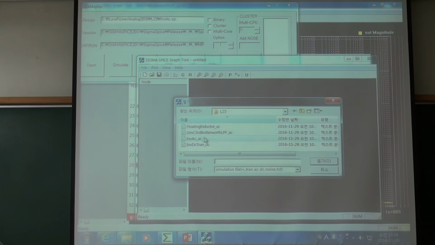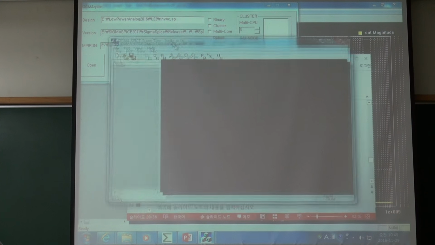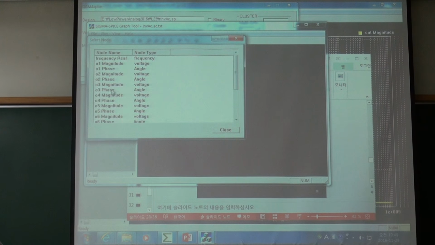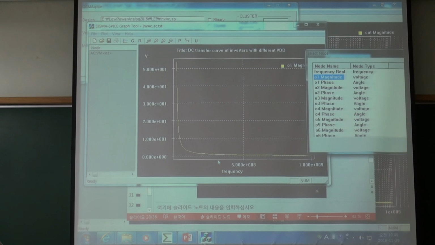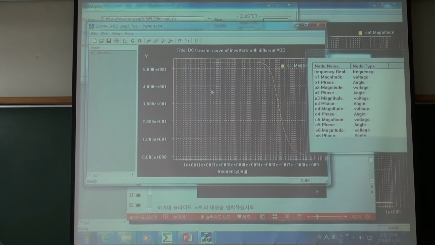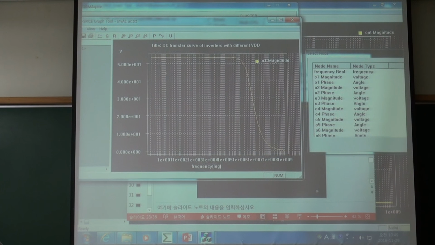Then let's see, where is AC? Oh yeah, this is my AC. Then plot. This is my magnitude, let's put log here. My DC gain is around 60 at 3 volt, right? Is this 60 or 54? 54. Okay, how about 2.5?